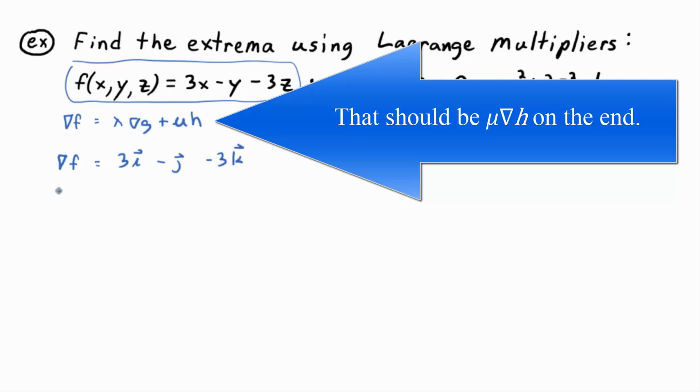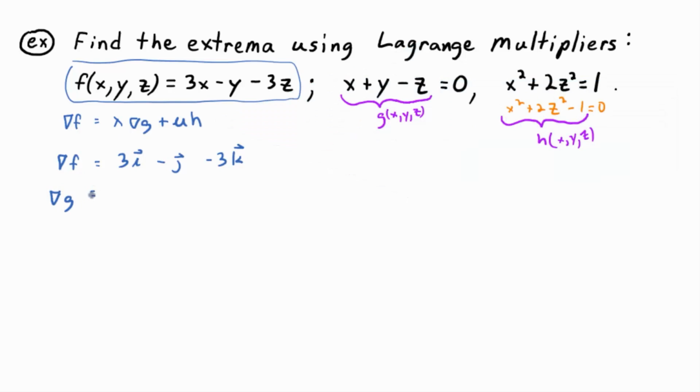And then del g. Just del g would be 1i, or just i, plus j minus k. And if you wanted to, you could put the lambda in all at once. For some reason, I don't like doing that, but I don't care if you do it.